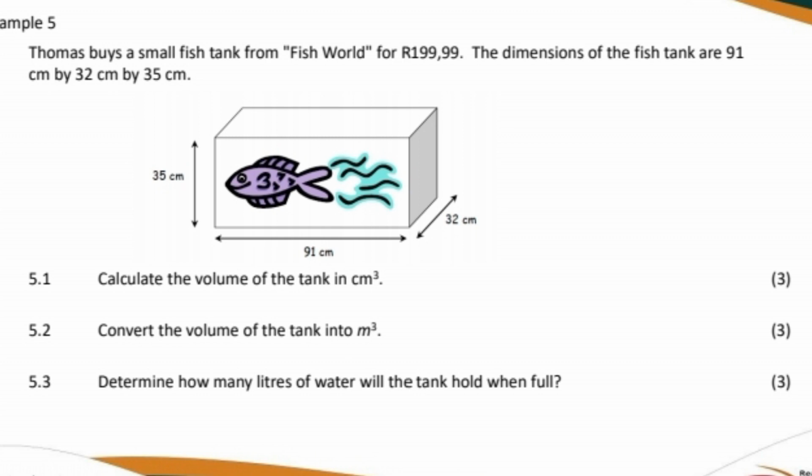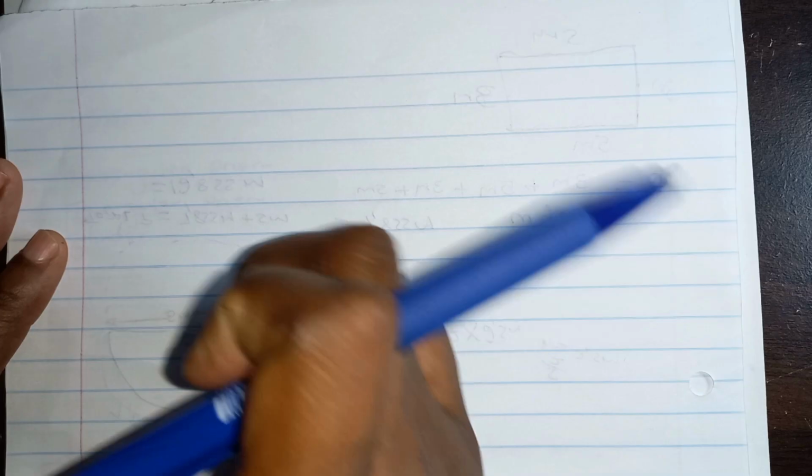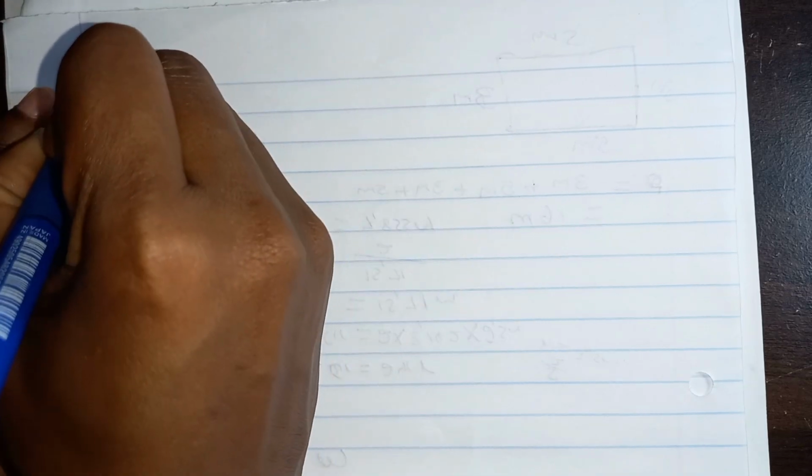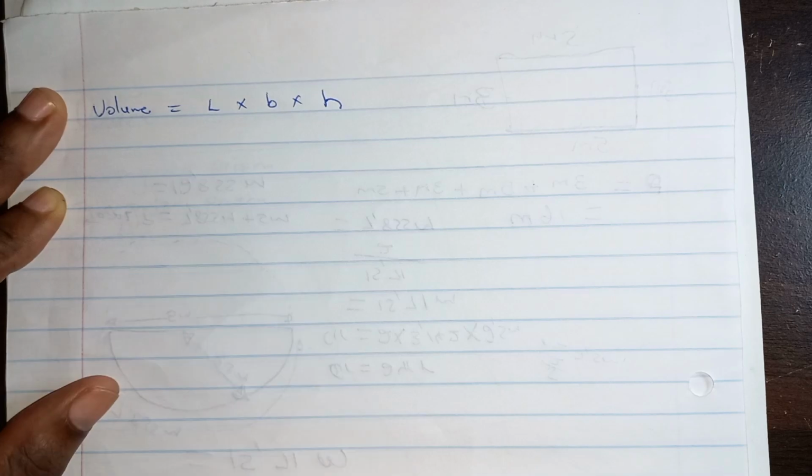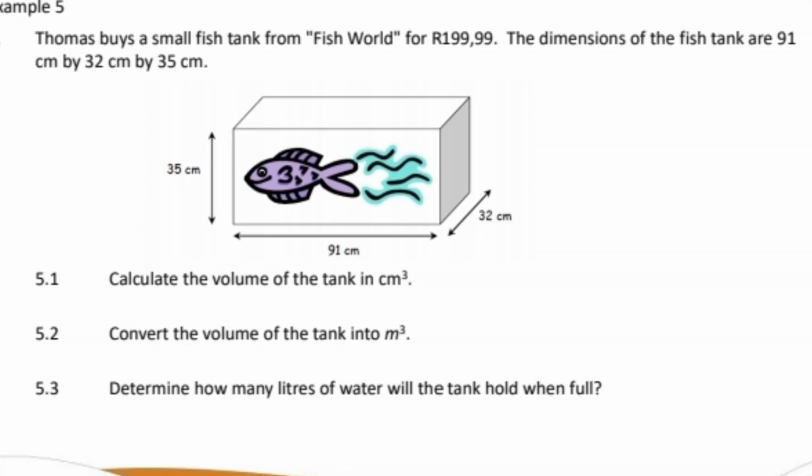The first thing we're going to do is check all the units of measurement before we decide that the formula is volume equals length times breadth times height. Before we substitute, let's check our units. Are they all the same?